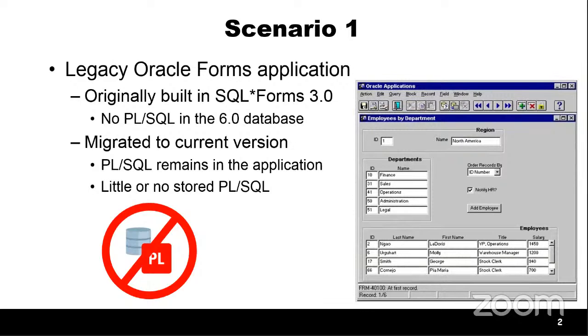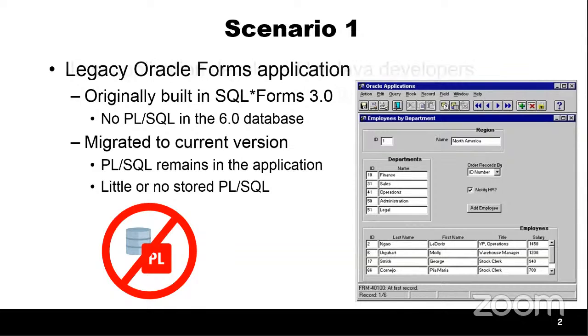What we're seeing on the screen is a 4.5 screen. Maybe you're up to 12.2 now, the current version, but the PL/SQL written in the forms back in the 3.0 days or after is still in the application. It's not in the database.